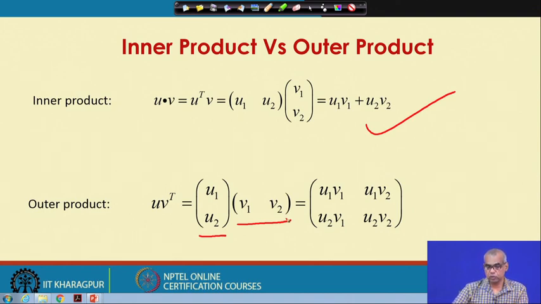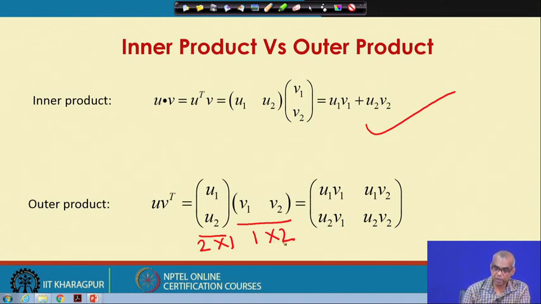So, u1 u2 is a column vector. So, you have 2 rows 1 column. v1 v2 has now become a row vector after taking the transpose, and it has 1 row 2 columns.